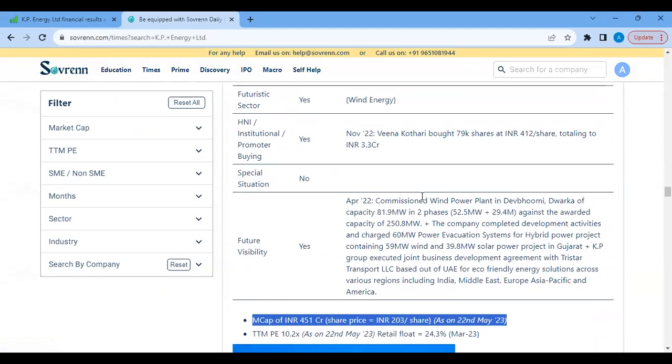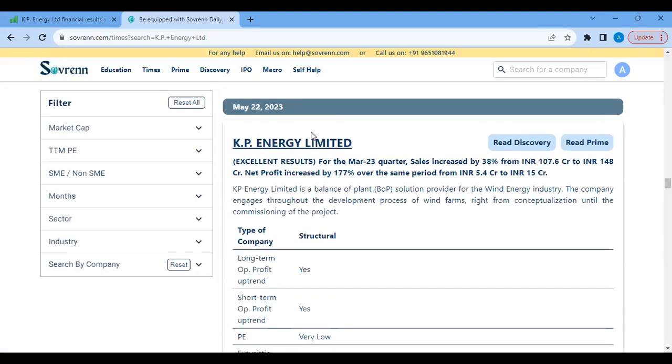Can you see that this was a clear buying opportunity on 22nd May? Yes or no? It was a very, very clear buying opportunity on 22nd May.